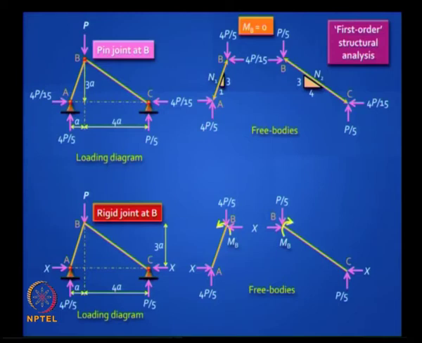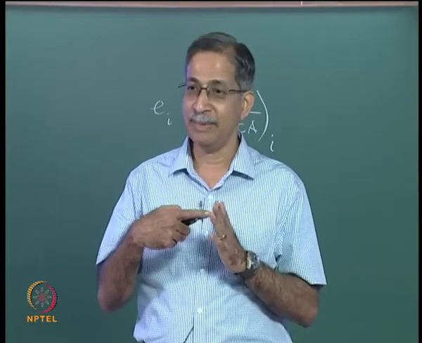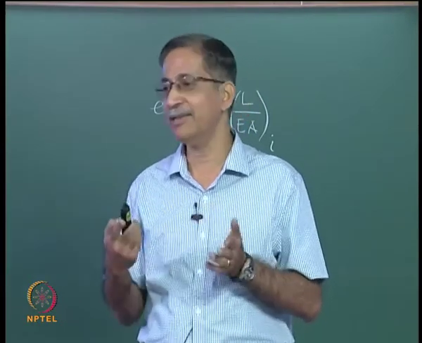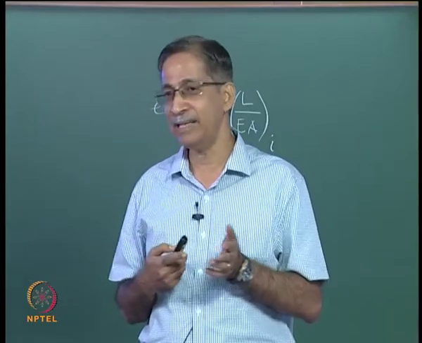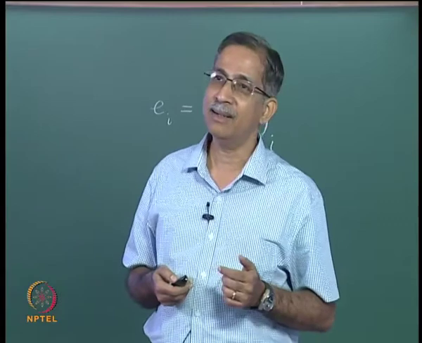So you will have difficulty in drawing the deflected shape, because if you draw a deflected shape like this, you have to preserve the angle at B between the 2 bars, because it is a rigid joint. If it were a hinge joint, you do not have to worry about that compatibility requirement.